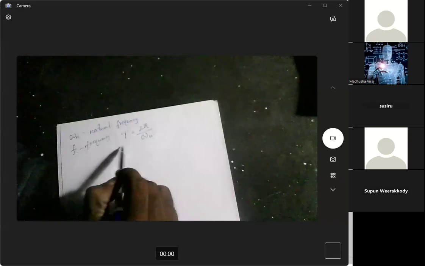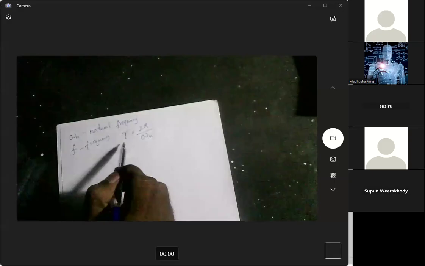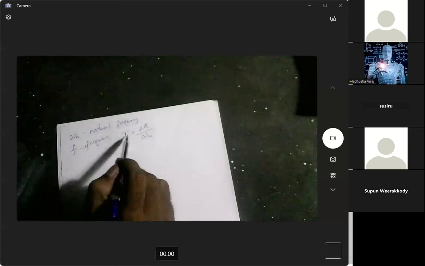That means we know that for one cycle, it takes time of capital T. So per 1 second, how many full cycles are there? Right? So that means f is 1 over T. Or from this one, omega n over 2π.